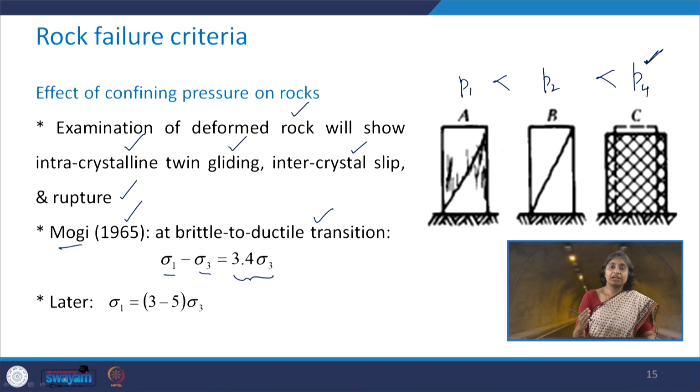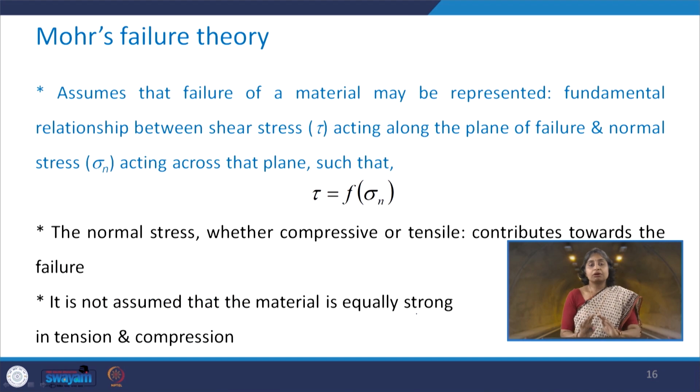Later on, when a few other research workers carried out similar studies, they came out with the relationship that sigma 1 is equal to 3 to 5 times sigma 3. Now, with this background, let us start our discussion on some of the failure criteria.